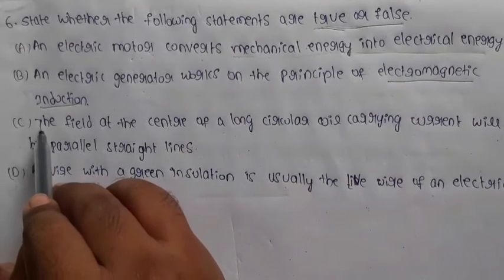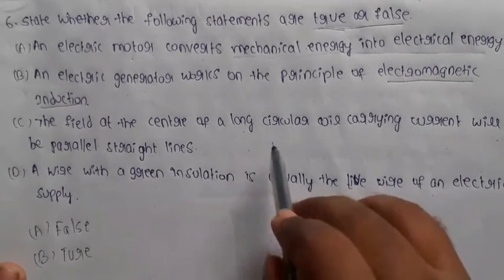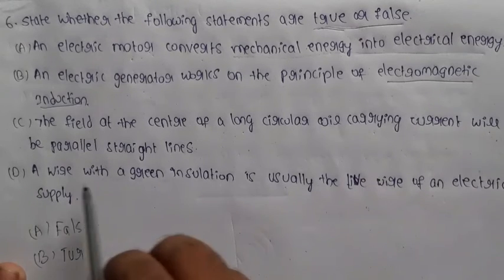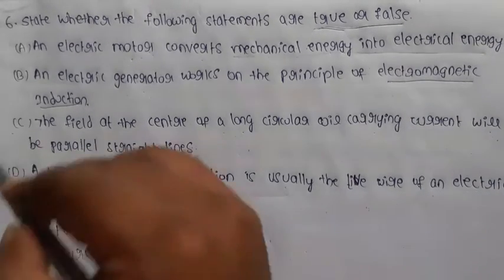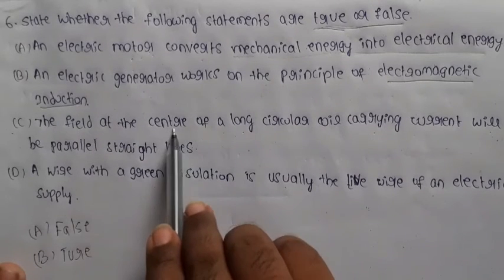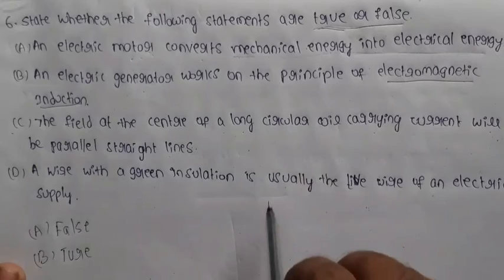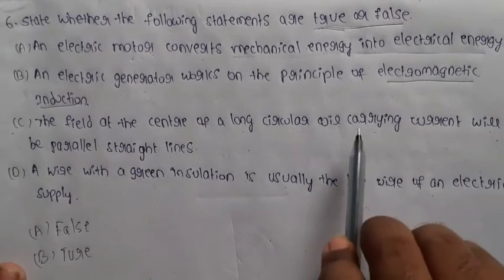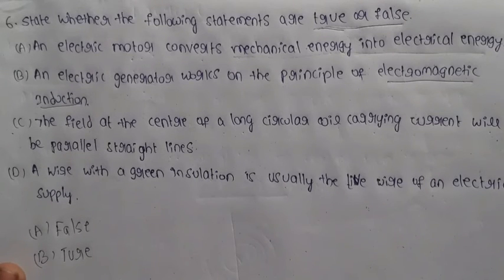Coming to C, the field at the center of a long circular coil carrying current will be parallel to straight lines. This is also correct. In case of a coil, the field at the center, carrying current, will be parallel to straight lines. So option C is also correct.